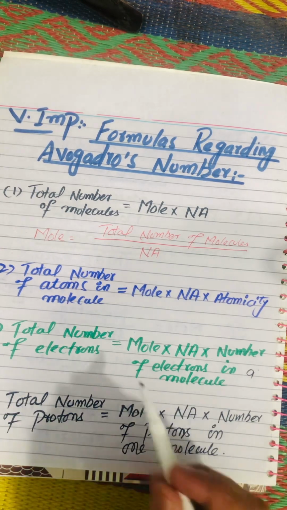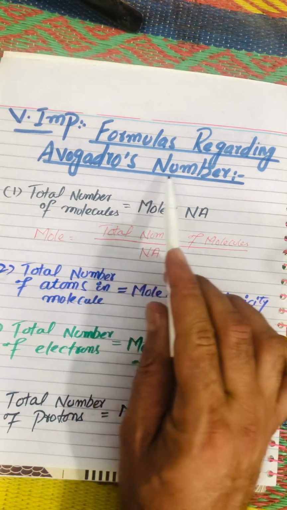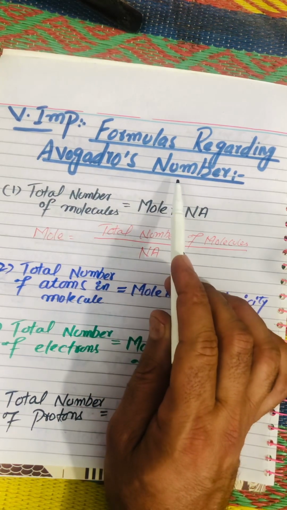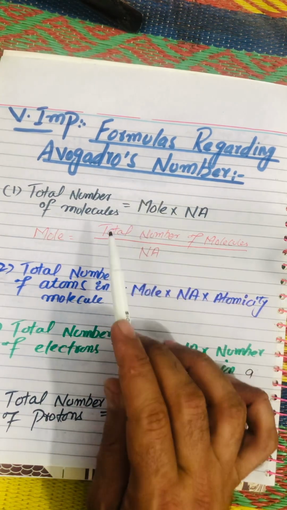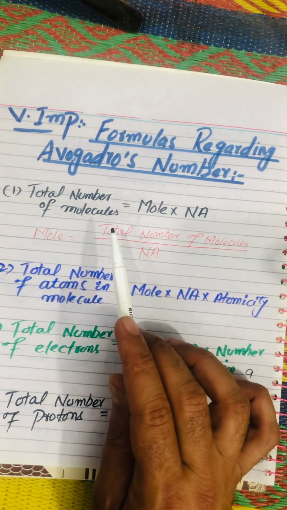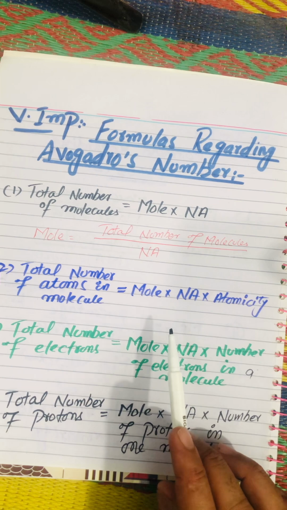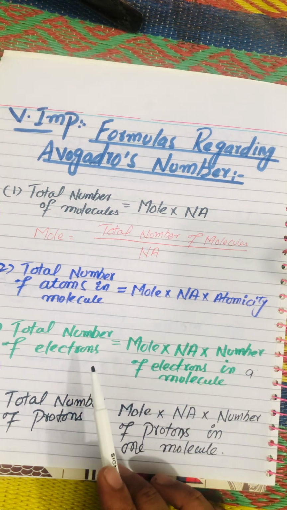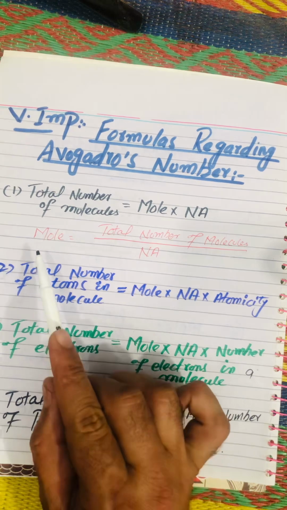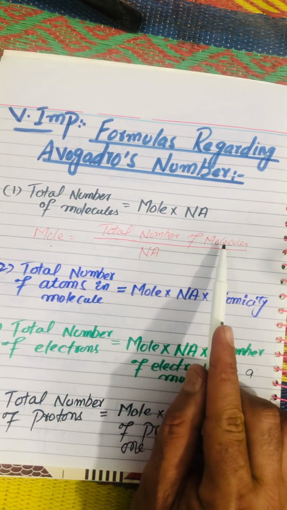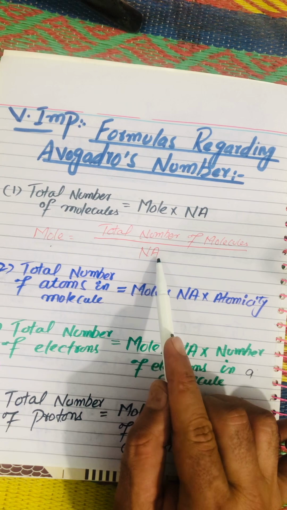Dear students, these are some important formulas regarding Avogadro's number, or calculating the number of molecules, number of ions, number of atoms, or number of electrons, protons, etc. So students, in the previous short lecture, we discussed that mole is equal to total number of molecules divided by Avogadro number.